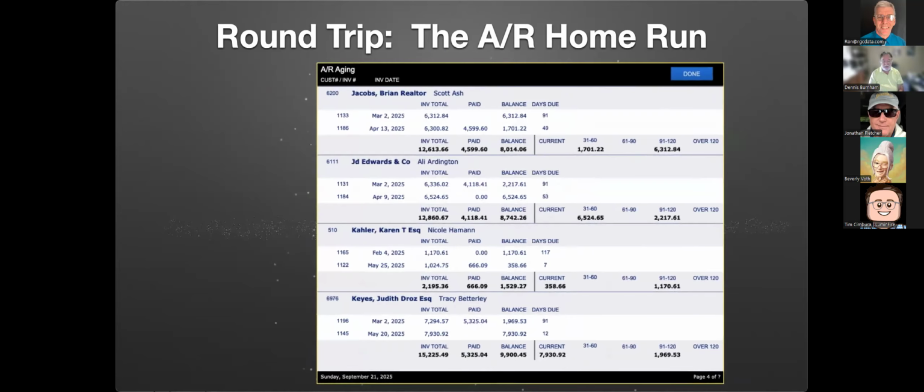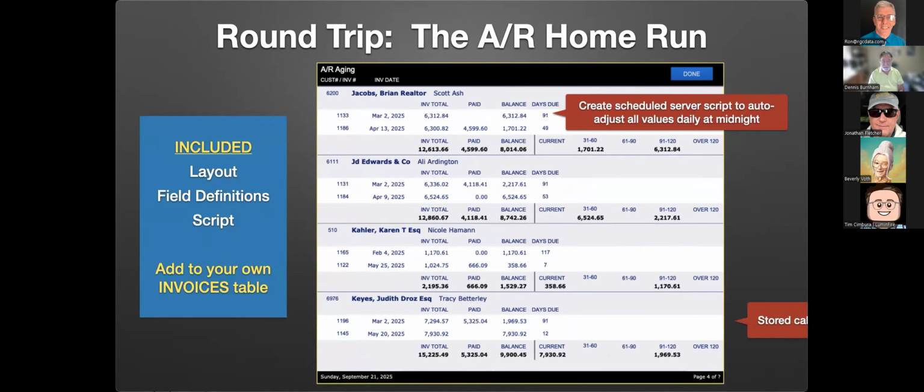What I've also provided for in Cha-Ching is a layout that will run an accounts receivable aging. So you can at any time see the multi-page report, if necessary, to show you how current or old any one of the invoices are. I'm always recommending that you create a scheduled server script to automatically adjust the values in the due date field so that you don't have to have that as an unstored calculation.